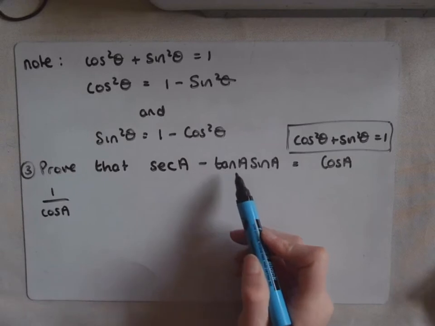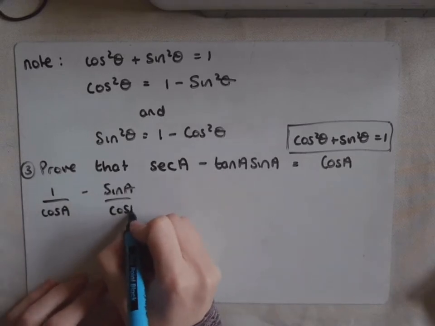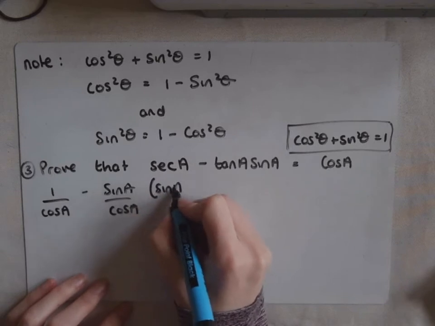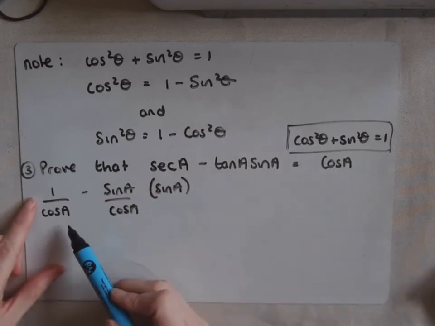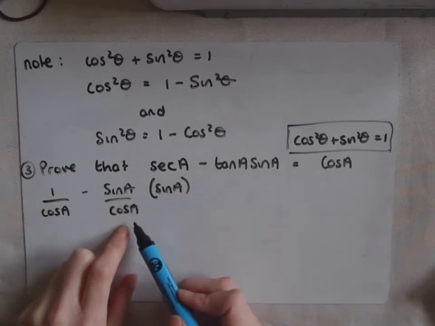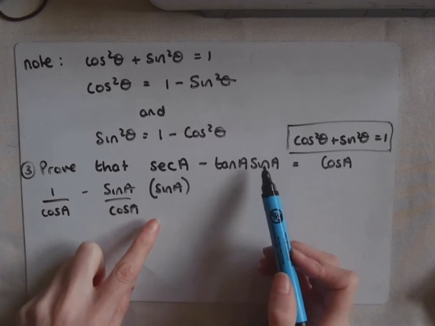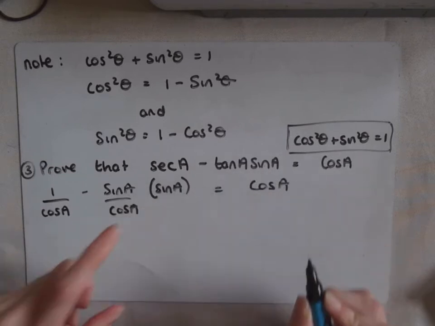That's sine over cos. Minus sine A over cos A times sine A. So all I've done on the left hand side, instead of sec of A, I've put 1 over cos of A. Instead of tan of A, I've put sine A over cos A.